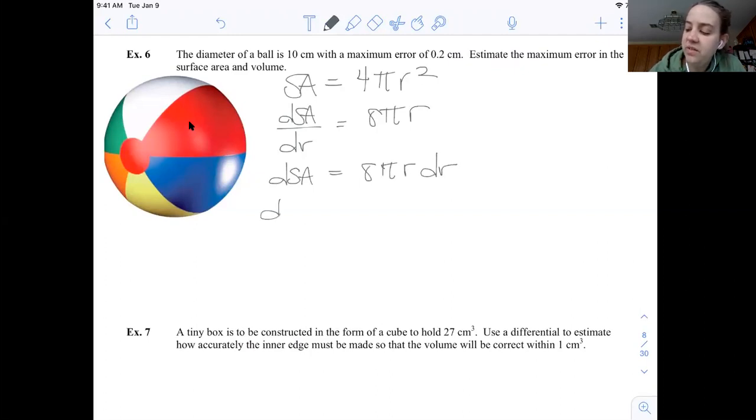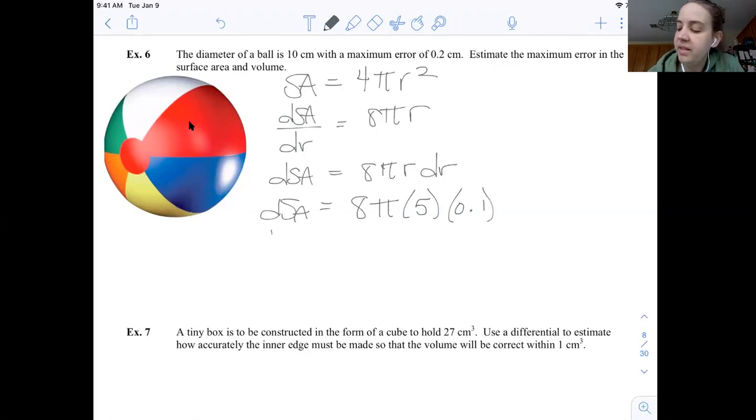So the change in the surface area, or the error in the surface area, that's what we're looking to solve, 8 pi. The radius, they didn't give us the radius, they gave us the diameter. So if the diameter is 10, the radius is half of that, which is 5. The diameter has an error of 0.2, so the radius has an error half of that, which is 0.1.